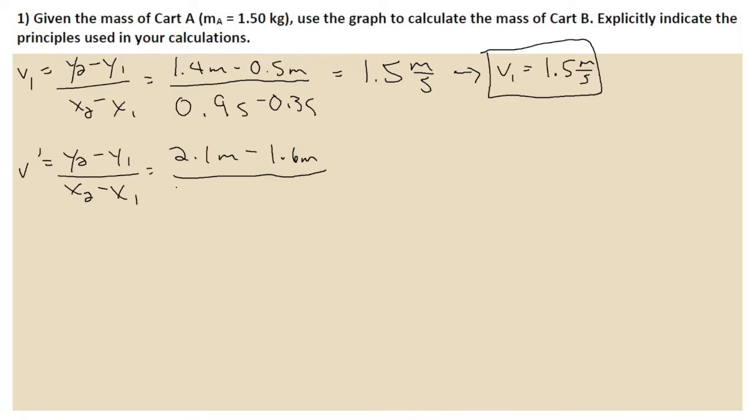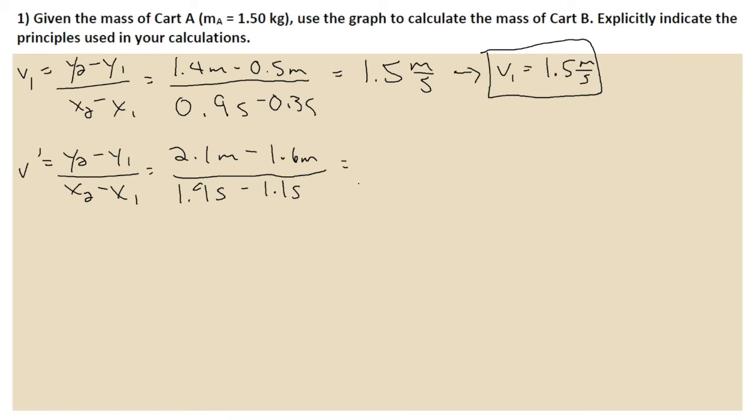So in my denominator here, I'm going to have 1.9 seconds minus 1.1 seconds. And so here, I got 2.1 minus 1.6, which is a half, and then that's going to be divided by 1.9 minus 1.1, that's 0.8.